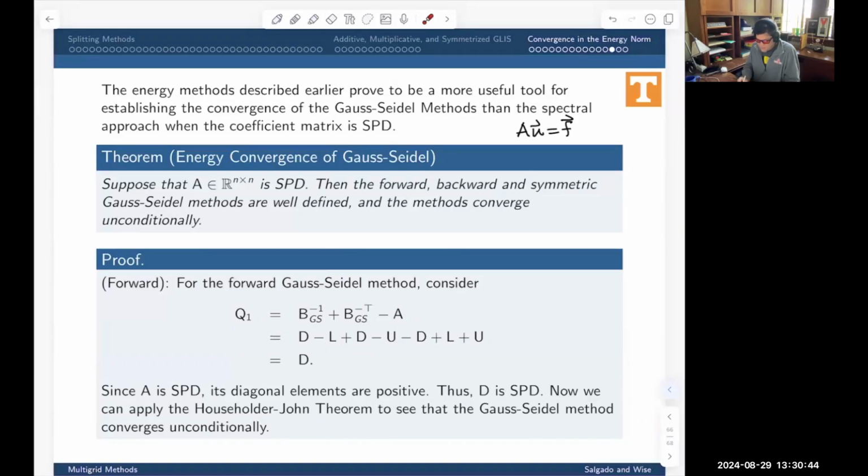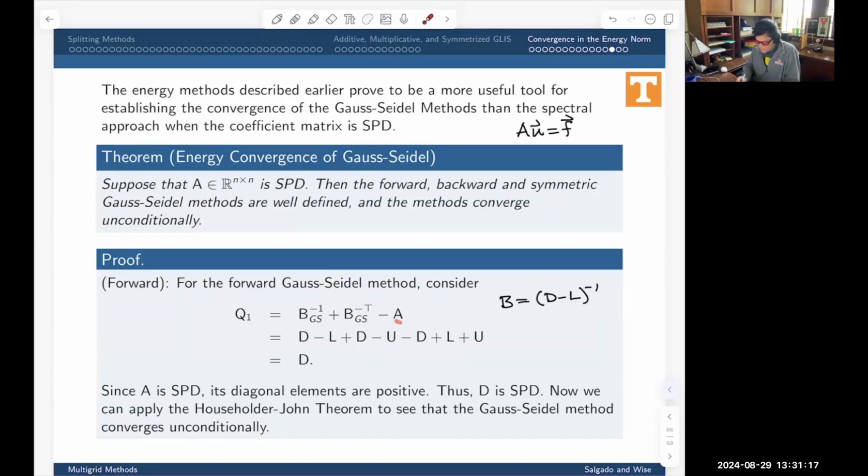And now take the inverse transpose of the inverse of D minus L, you get D minus U. Remember, we're using the fact that B is equal to D minus L. So B inverse is just equal to that, and B inverse transpose is D minus U. Short little exercise shows you that.